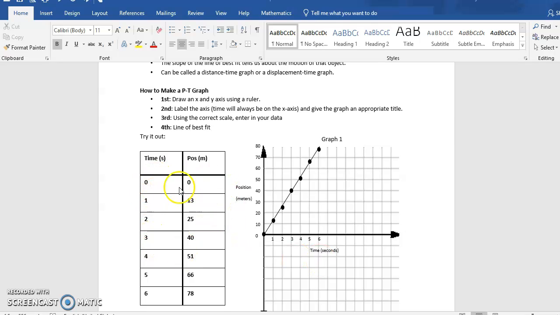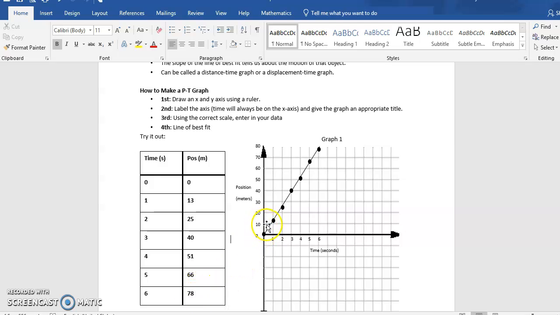We take our data here and we use a correct scale to enter our data. Whatever increment you choose to go up by in terms of position, you have to stick with. So you don't just take these numbers and put them here. You have to pick an increment, and I picked 10 because I knew I needed to get up to 78.